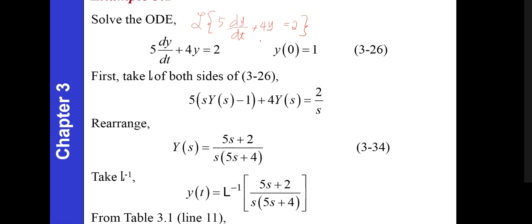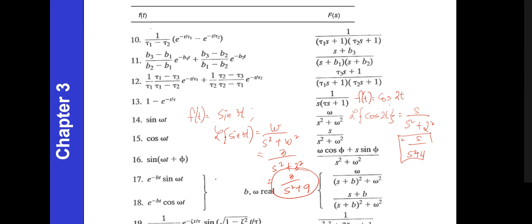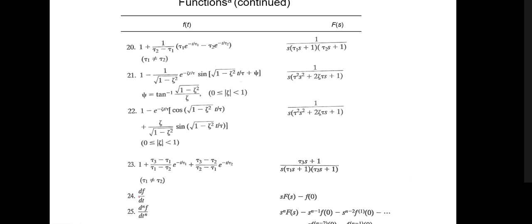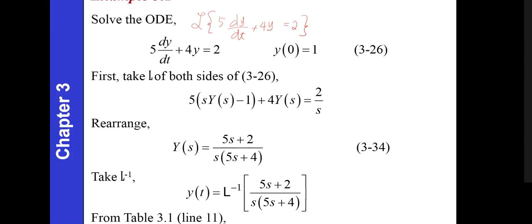So first you're going to take the Laplace transform of both sides. So we start with this side: 5 times the Laplace of dy dt. If you go back to your formula, dy dt is the df over dt. So if that is y, since this is first order, it is only s times Y(s) minus y(0).